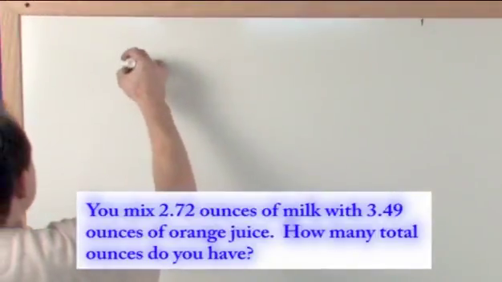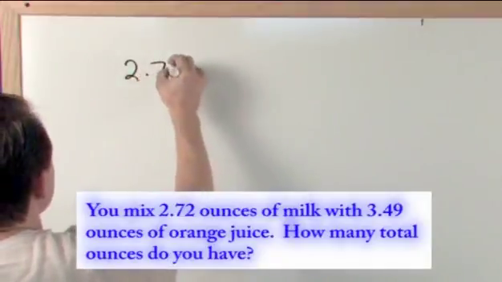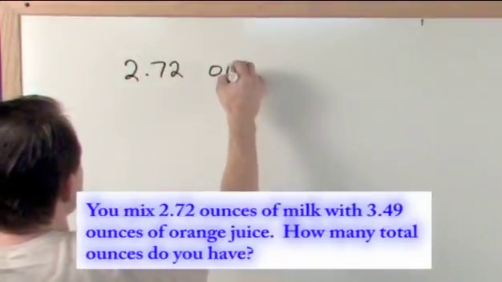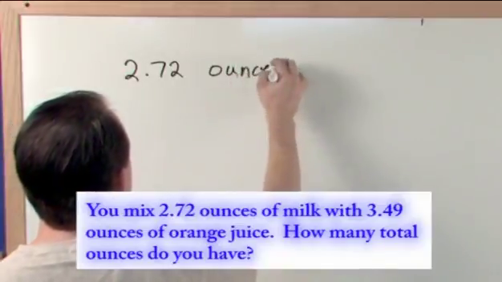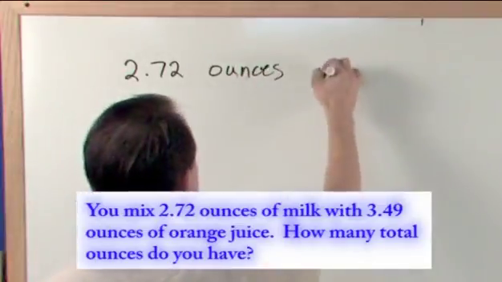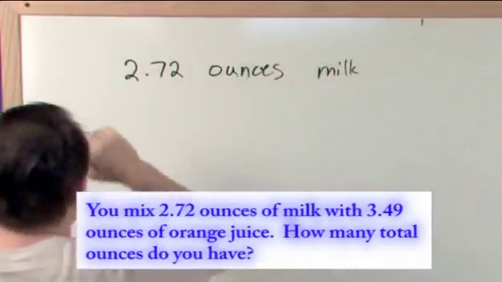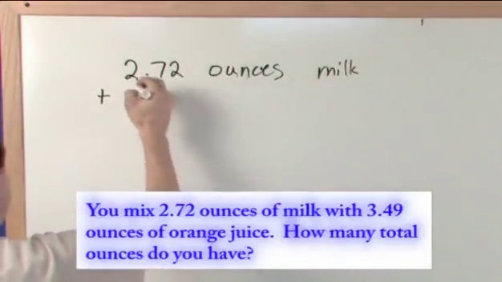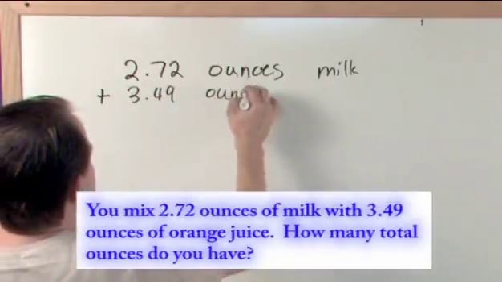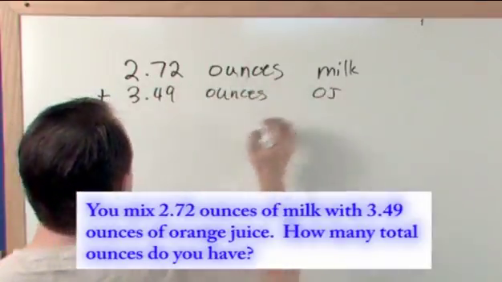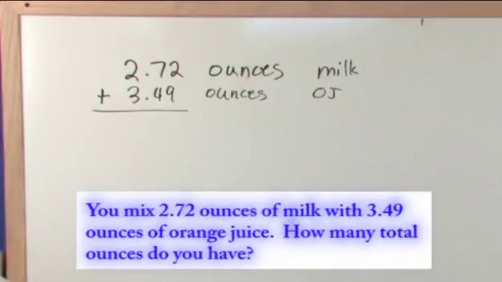So in order to do that, you have 2.72 ounces of milk, and you're adding it to 3.49 ounces of orange juice, OJ, and you'll add these together.